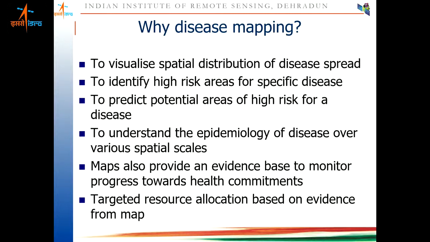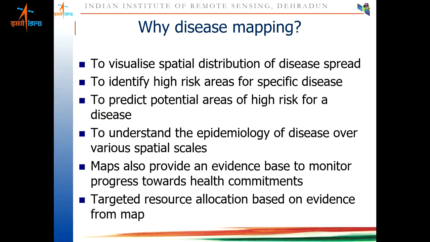Also, to understand the epidemiology of disease over various spatial scales, like what are the causes of disease spread, what kind of pattern is present at the district level, at state level, or at village level. This kind of understanding of the disease can be developed if disease has been mapped.